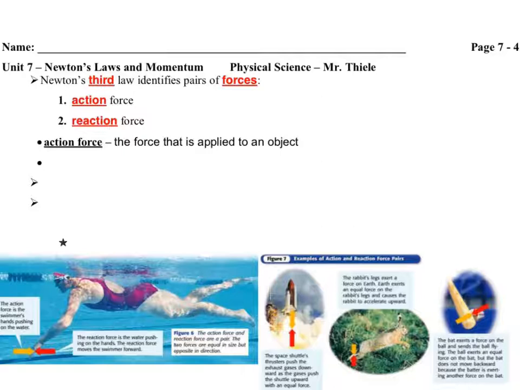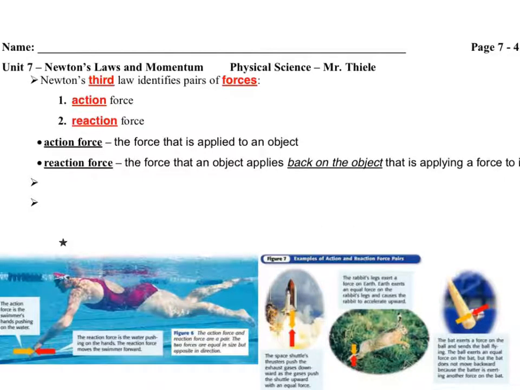So what is the force that an object applies back on the object that is applying an initial force to it? And this is what is called the reaction force. The reaction force is a force that essentially responds to the action force by exerting a force back onto the object that is applying an initial force to that object.